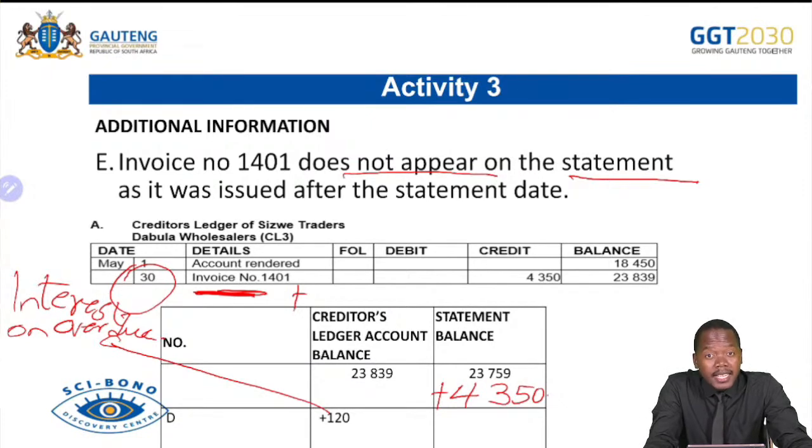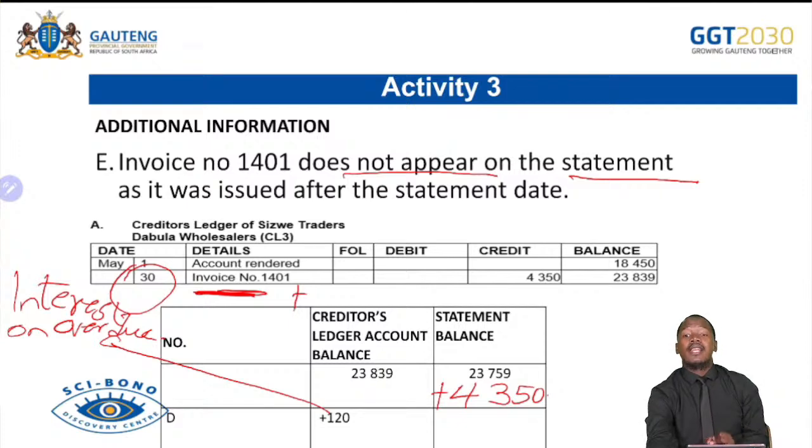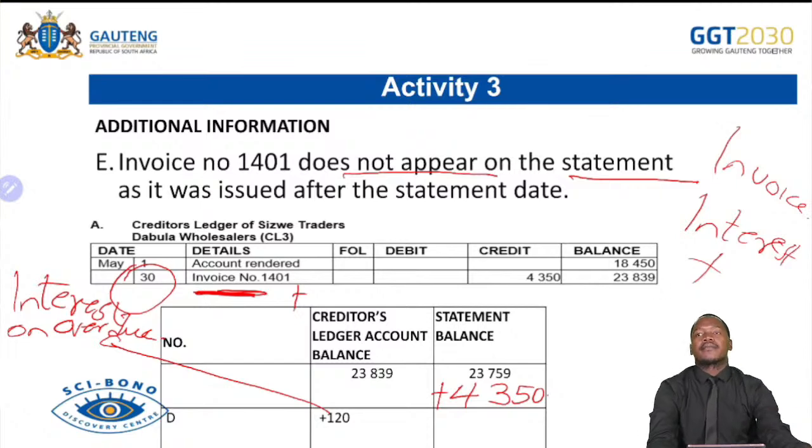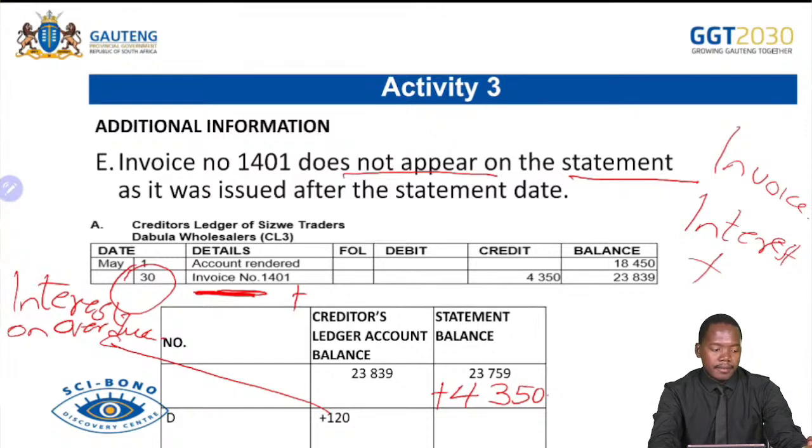You won't know it immediately because they are the ones charging us. So you will see it on the statement. We call this a silent transaction. They won't say anything about it. You must know that interest on overdue account on the statement received should be recorded on our creditors ledger account. What we are learning here again is that interest will increase the balance together with our invoices.